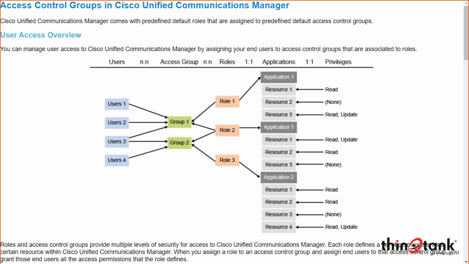All right, and as I mentioned previously, there are basically two different types of user accounts in Call Manager. We have end user accounts, which are associated with the individual end users that have interactive logins. And again, those end users can have administrative roles based on the user group or the role configuration. And that's really what this whole section is about, identifying what a role is and what a group is.